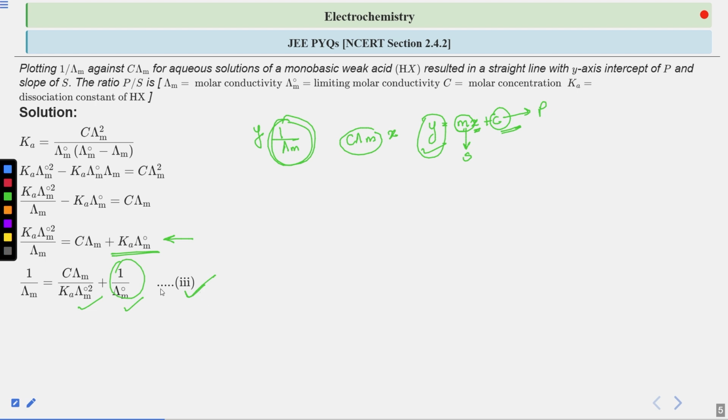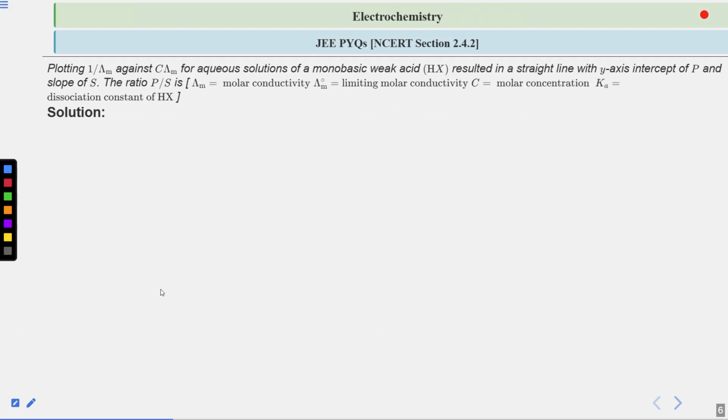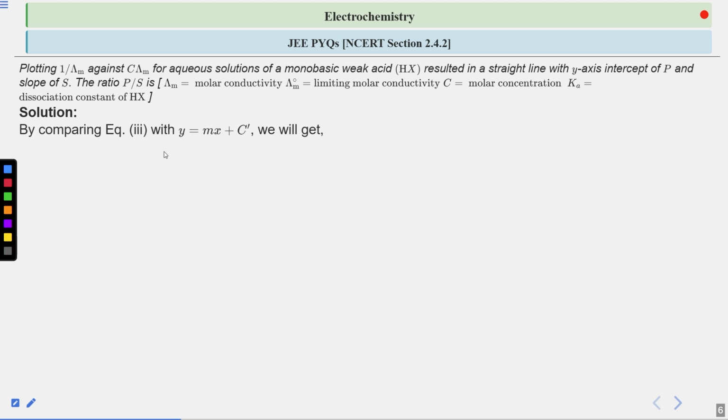Now we do the comparison between equation third and the straight line equation, y equals mx plus c. You can say it C prime, because C we are using as molar concentration in this question. When you compare these two equations, the slope m is 1 by Ka lambda m naught square.